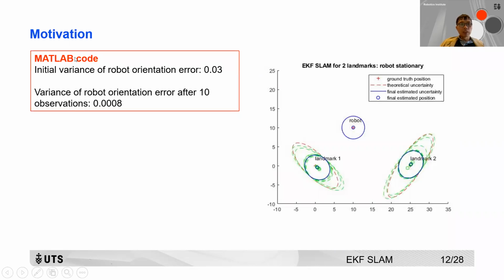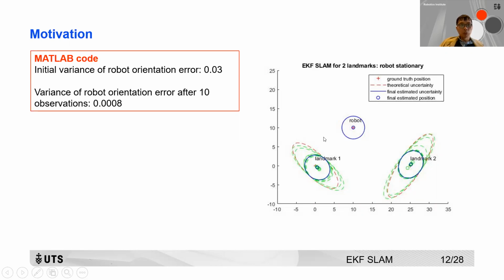This is the MATLAB code I sent you, and if you run it, you will see a figure like this. Suppose the robot is positioned at (10, 10), and it has some uncertainty in its position and also some uncertainty in its orientation. And it observed two landmarks. One is at (0, 0), another is at (25, 0), I think.